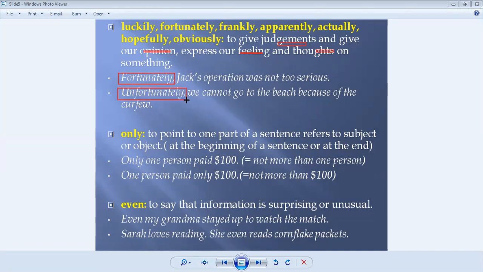This is our expression on the curfew, unfortunately. That means we're giving our opinion or feeling or thoughts or judgment. Which one is it, do you think? I cannot go. It's about our thoughts. Okay. So also, only points to one part of a sentence.